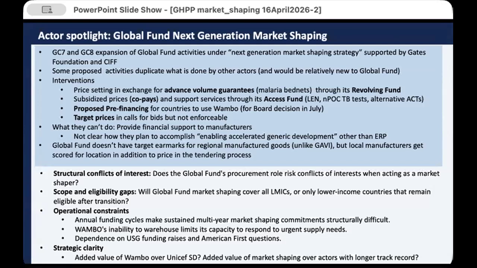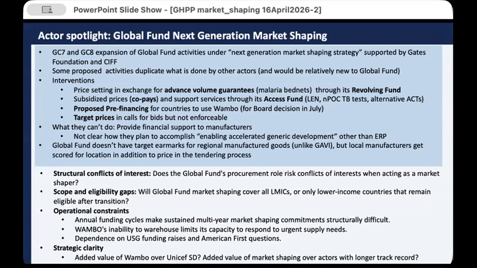Now, there are some concerns about this expansion. One, in terms of the Global Fund procurement role, given that, what about the conflict of interest when acting as a market shaper? There are also scope and eligibility gaps. Will the Global Fund's market shaping role focus only on countries that are eligible for funding, which again is going to winnow and winnow more over time?